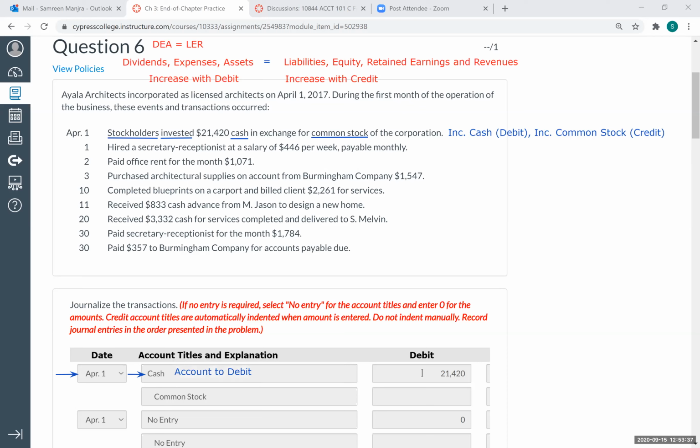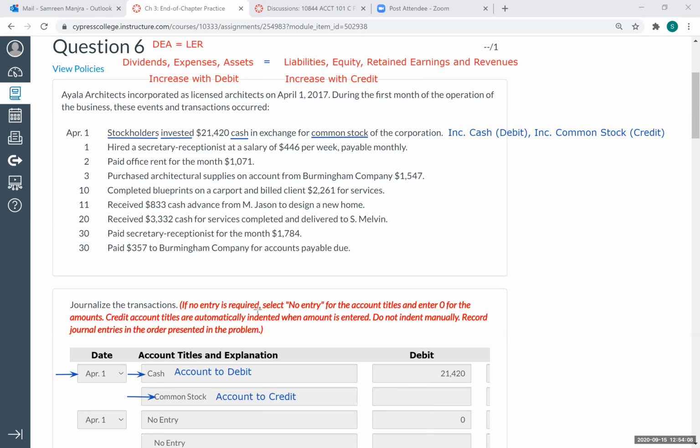The account that we will credit is listed on the next line, and you'll notice a small indentation for the account that we're going to credit to make it easier to view. The dollar amount that we're going to credit goes into the credit column. The other columns that we don't use just stay blank. So that's the first transaction.